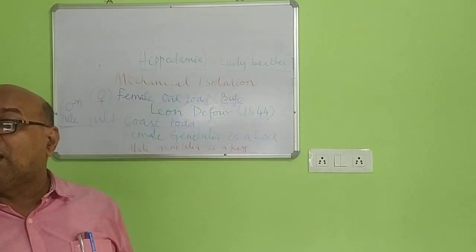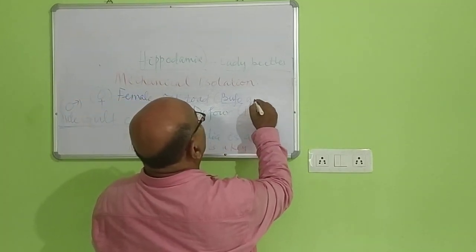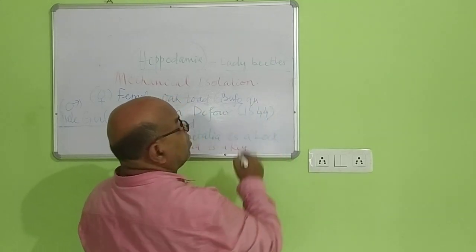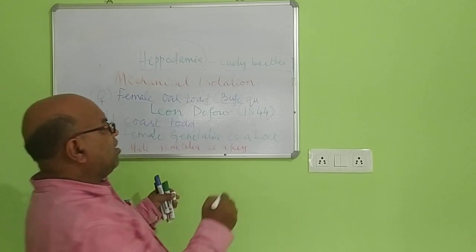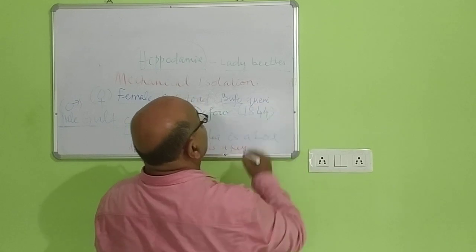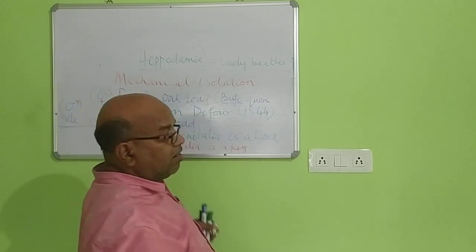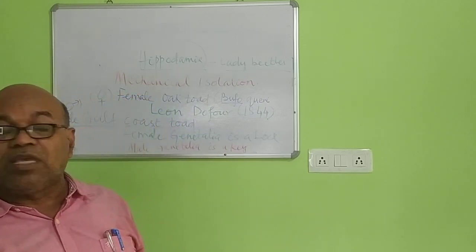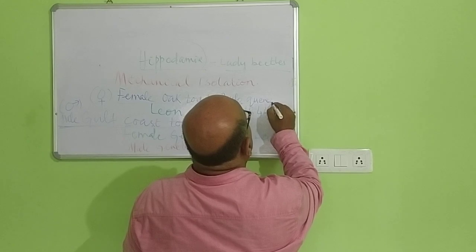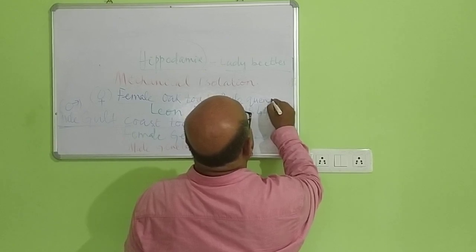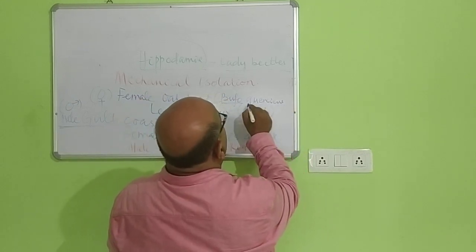Quercicus, Q-U-E-R-C-I-C-U-S, or sometimes it is also remembered as Bufo quercicus. Some authors have also explained this species as quercicus.